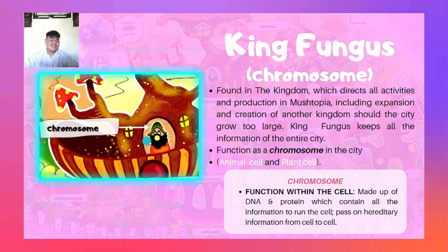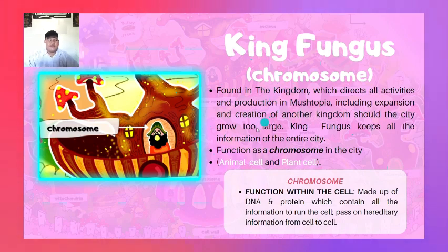Next, here is King Fungus. King Fungus can be found in the kingdom, which directs all activities and production in Mushtopia, including expansion and creation of another kingdom should the city grow too large. So King Fungus keeps all the information of the entire city also.